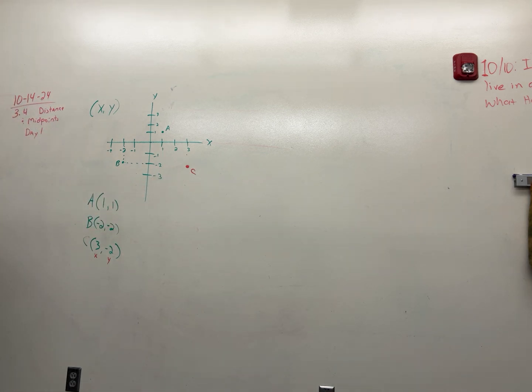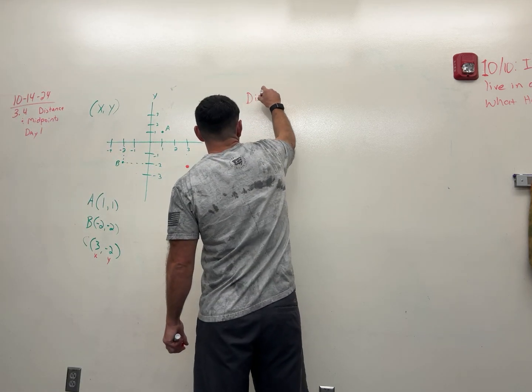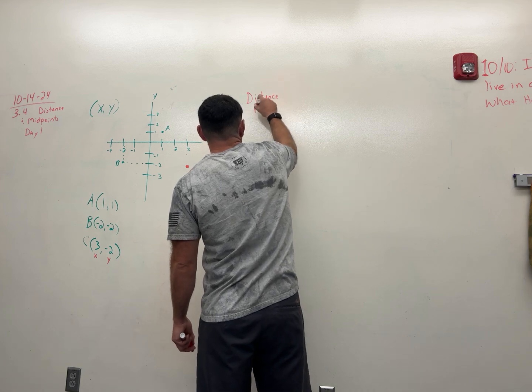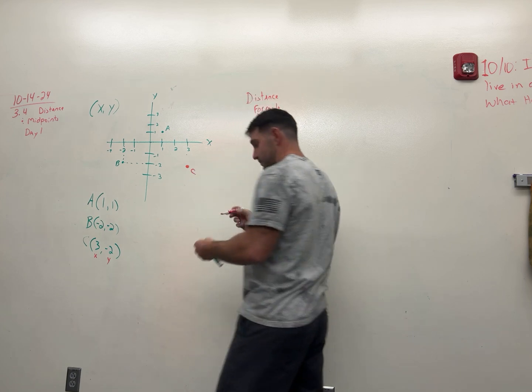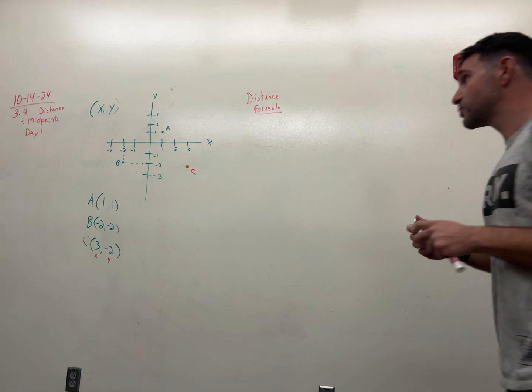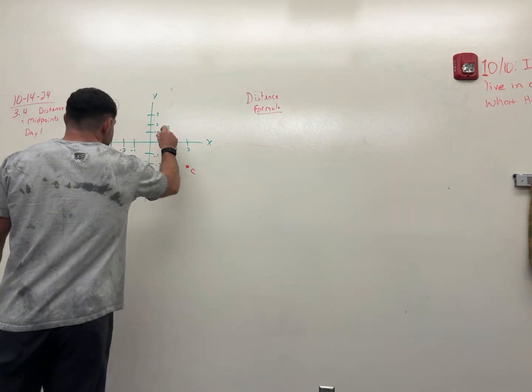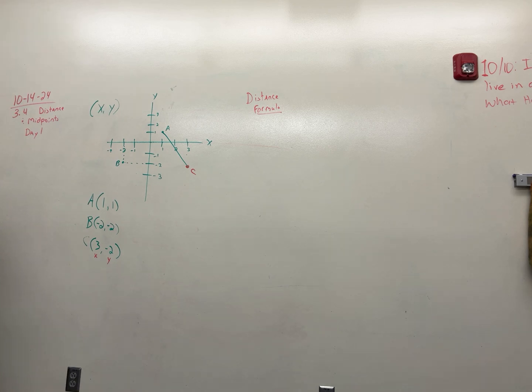You need to know how to do ordered pairs. Why? Because we are going to use ordered pairs for the distance formula. We are trying to find the distance between 2 points. So if I connected these 2 points, can I find the measure, that length of that line?